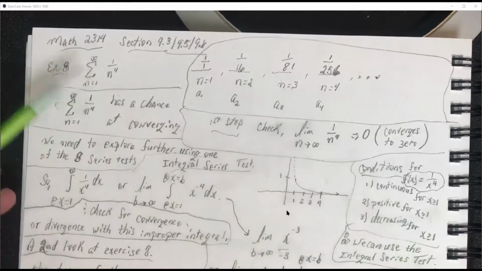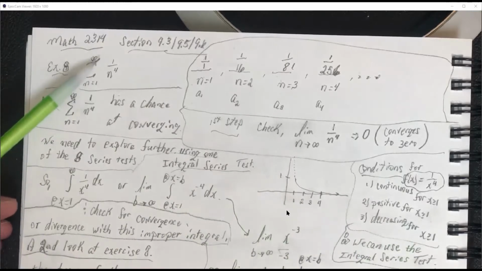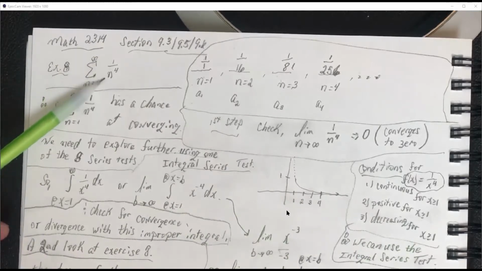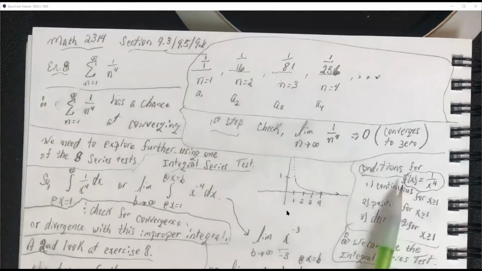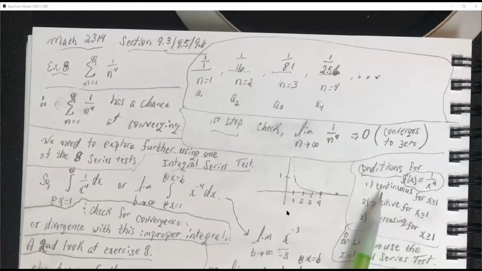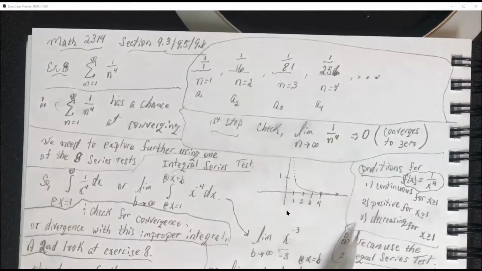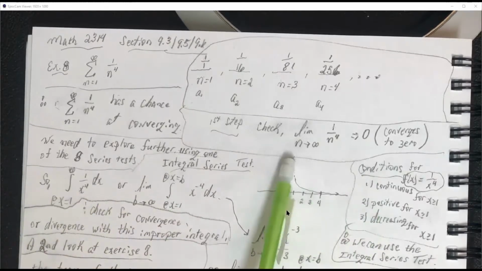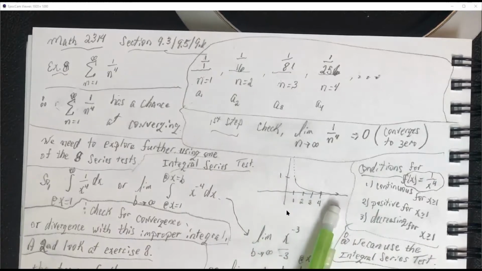So instead of the sequence formula, a sub n equals 1 over n to the fourth, we convert it into a function. F of x is 1 over x to the fourth. And then we have to have these three conditions met. It could be done more formally. We are doing it informally at this point, which is just to look at the sketch of the graph.